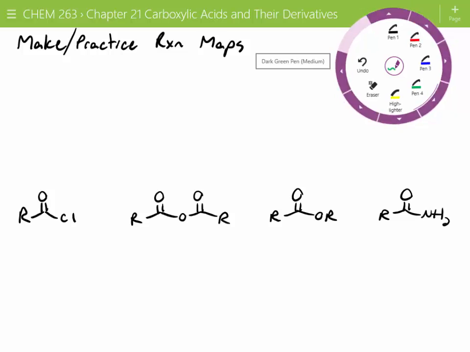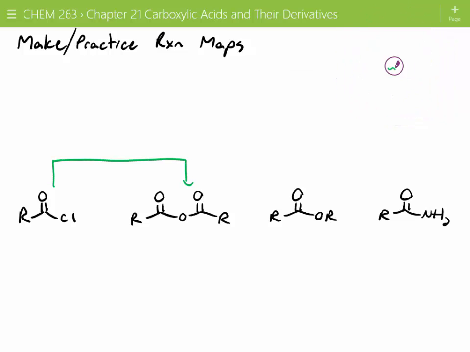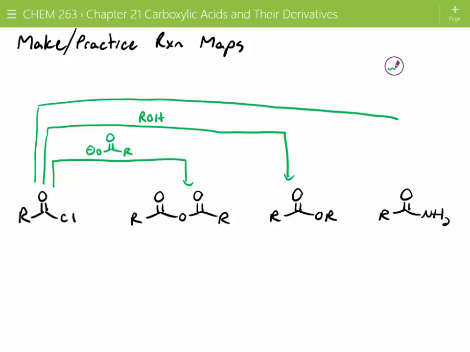But what I try to do is connect the dots to all of these. So, for example, I could say, what reagents do I need to convert an acid chloride to an acid anhydride? Not quite the acid, but really close. The acetate, right? So in this case, we would need the acetate. If we want to go to the ester, what do we need? The alcohol. And if we want to go to the amide, what do we need?